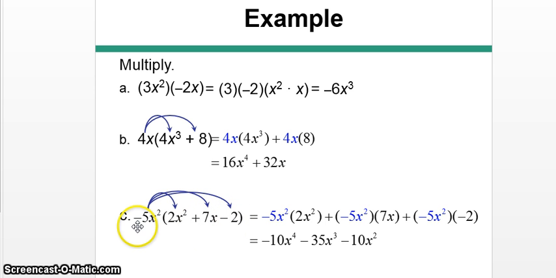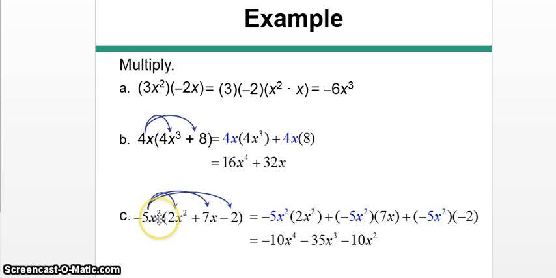Here minus 5x squared is a monomial, and 2x squared plus 7x minus 2 is a trinomial because it has 3 terms. So multiply this monomial with each term of the trinomial.